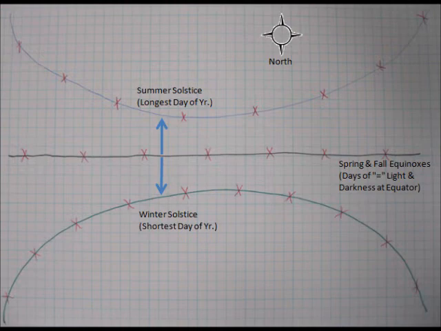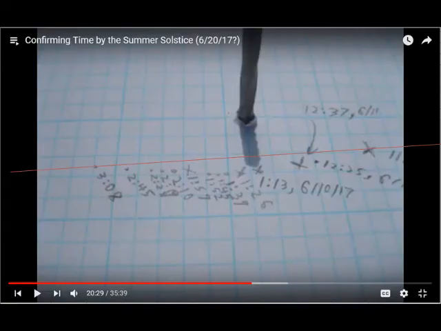Remember, summer is a smiley face, and winter is a frowny face. This was one of the videos I did around the 2017 summer solstice. You can see it is a smiley face for that data clearly.